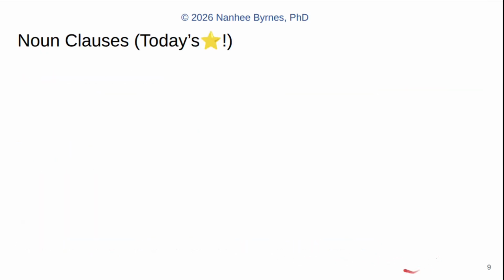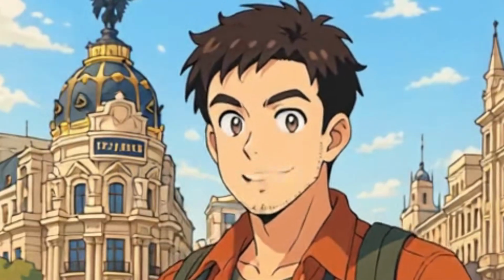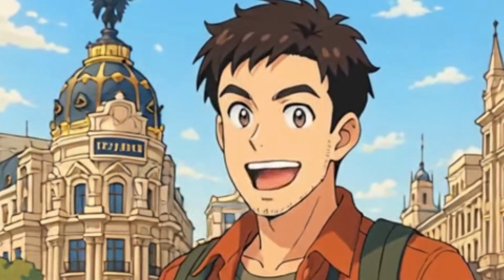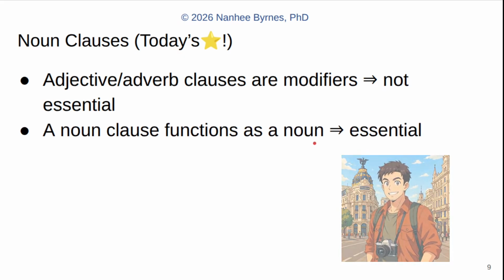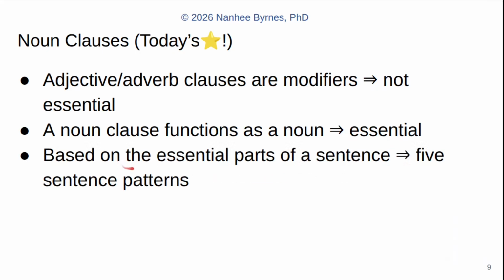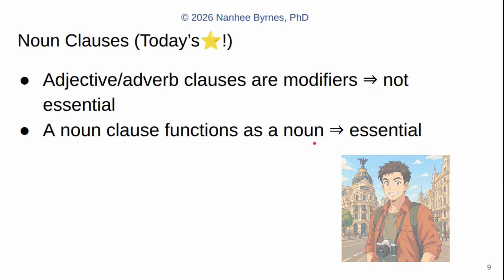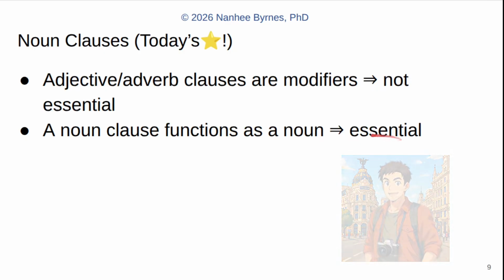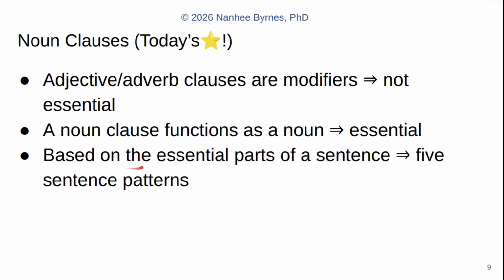Adjective clauses and adverb clauses are modifiers. They add information, but they are not essential sentence elements. Noun clauses are different. A noun clause functions as a noun. This is a big deal because nouns are essential elements in sentence structure. Noun clauses can appear in the most important positions in a sentence.